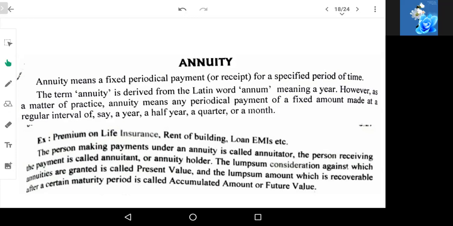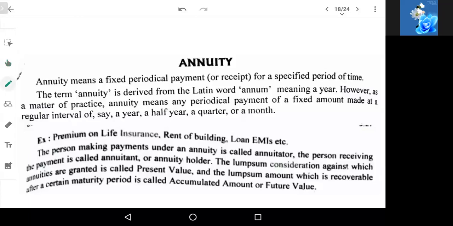The person making payments under an annuity is called the annuitator. So who is paying the money, they are called the annuitator. And the person who is receiving the money is called the annuity holder or annuitant. Suppose we are paying rent for the building.